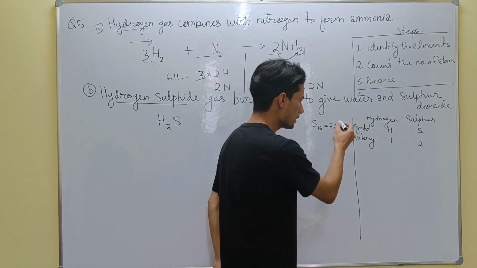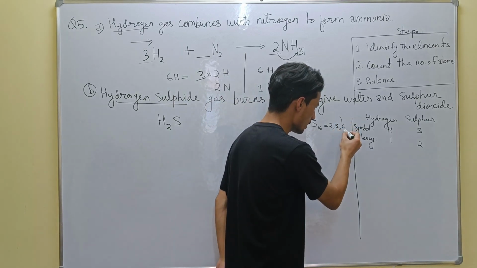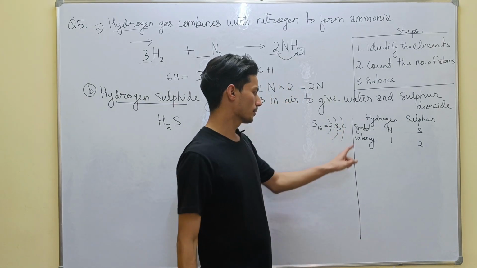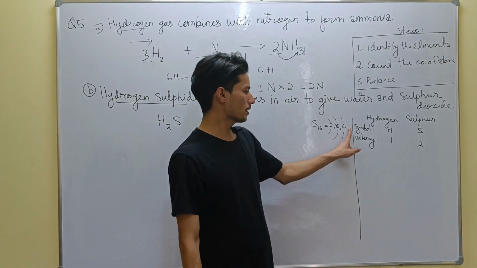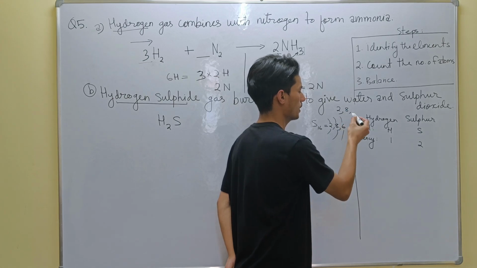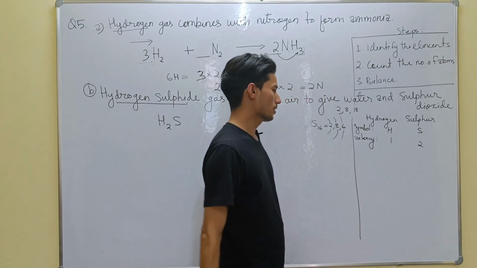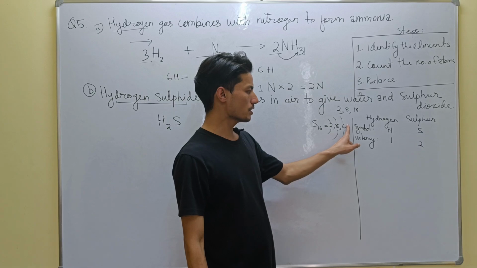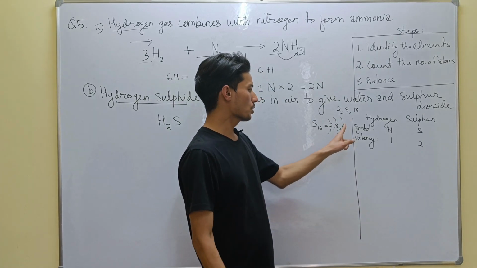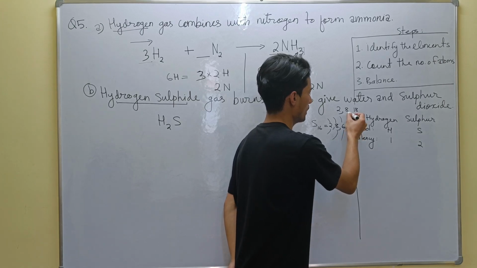So this last shell has 6 electrons, and 6 is not the stable number. The stable numbers are 2, 8, 18, likewise. So 6 not being a stable number, sulfur will want to be stable, so sulfur will aim for 8.